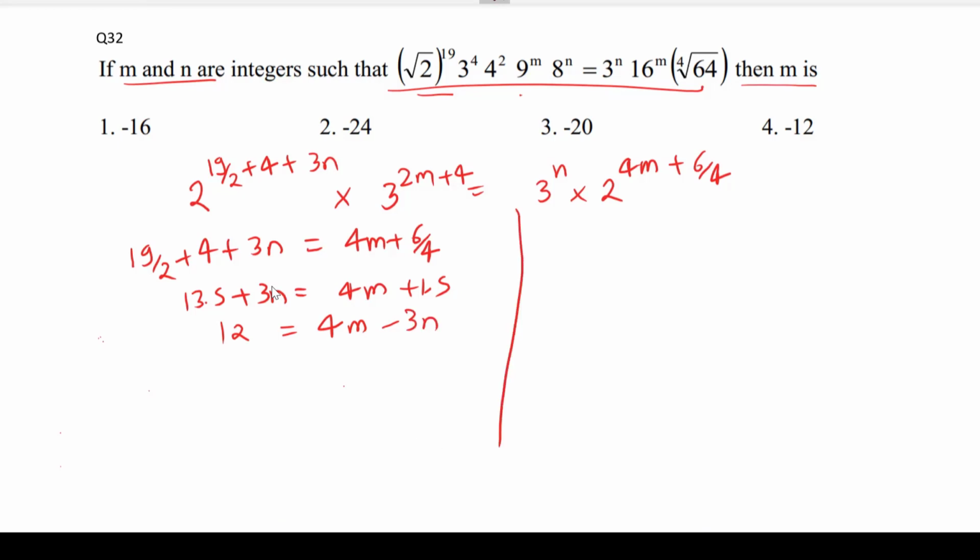Now equating the power of 3's, we get n. Putting the value of n here, we get 4m minus 6n minus 12, so it will be 24 and this will be 2m. So the value of m will be minus 12.